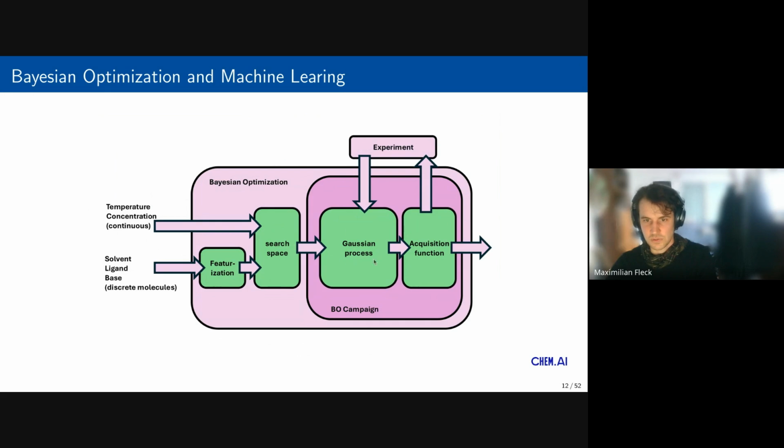Then we use this, in combination with the samples we already have, to train our surrogate model, and the surrogate model serves as the basis for the acquisition function to suggest the next experiment, and then we go back. And as you've learned now, on all levels of this framework, we can add prior assumptions.